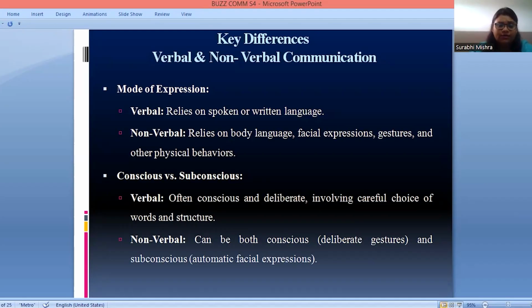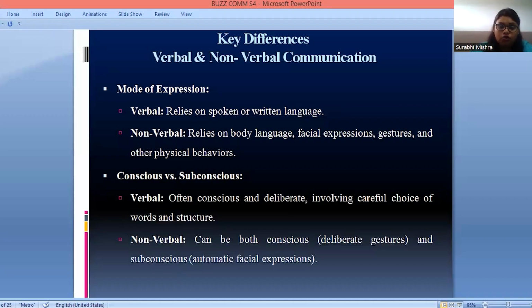Right. The next key difference is conscious and subconscious. Verbal communication is often conscious and deliberate, involving careful choice of words and structure, because we are using a formal form of communication, communicating in a professional manner. So we have to take much care of the words and sentences we are using.